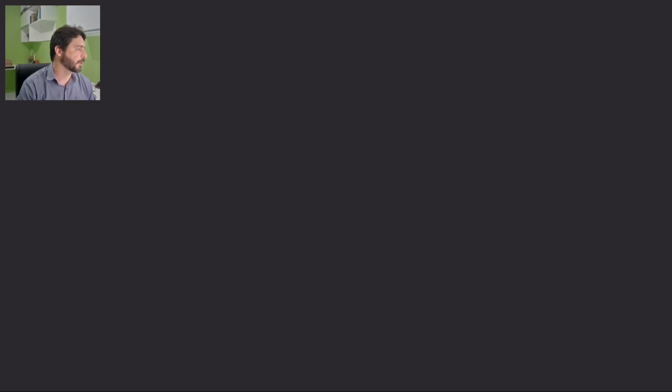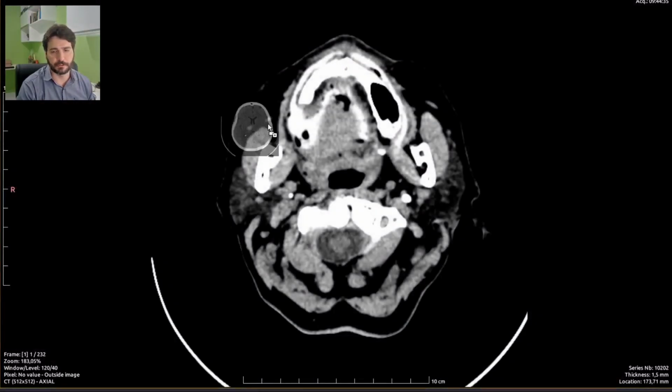It's a female patient, and we are looking for stroke related signs. She also has a previous scan from less than 24 hours ago, and I'm going to open up today's scan and download yesterday's images so we can actually compare.